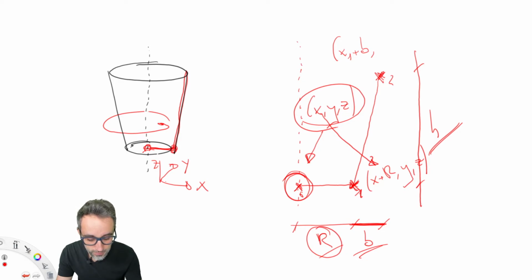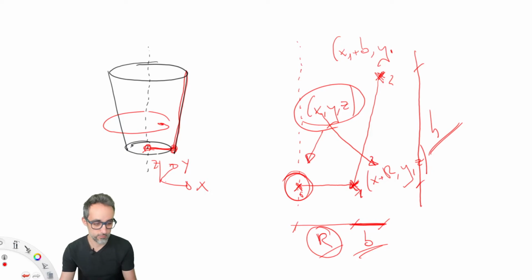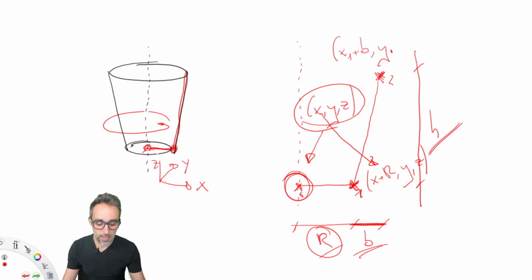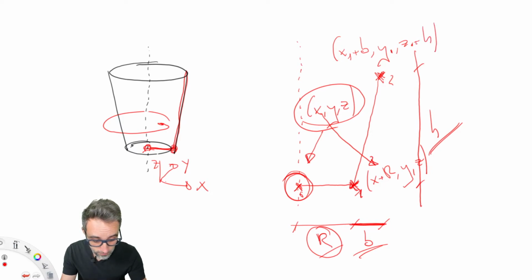Now, the y coordinate is going to be the same as in y1, because remember, there is no depth here. It's not going anywhere deep. But the z coordinate is going to be whatever the z coordinate of number 1 was, plus the height. So this value here.